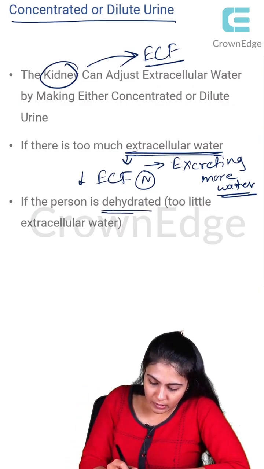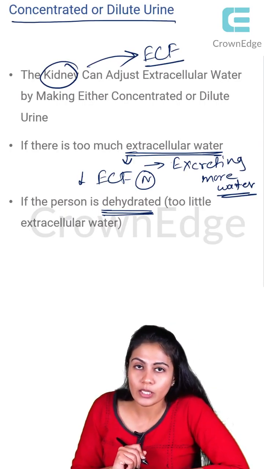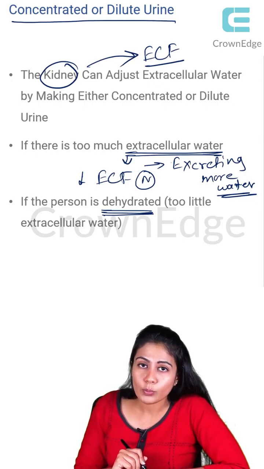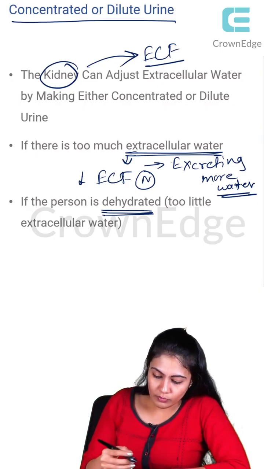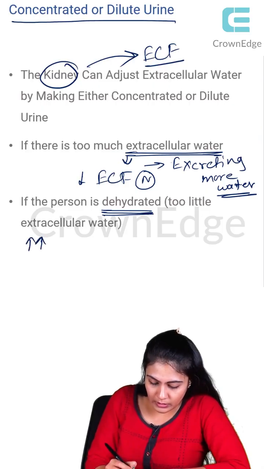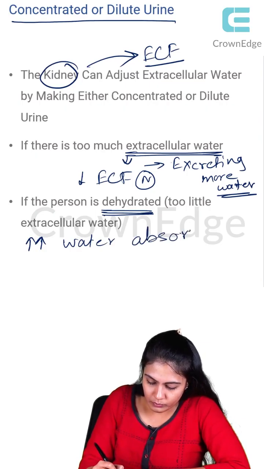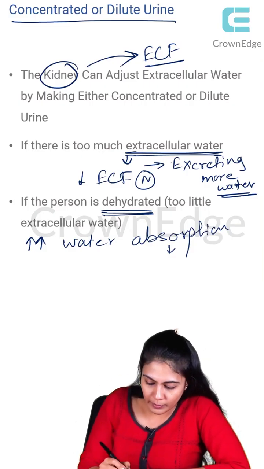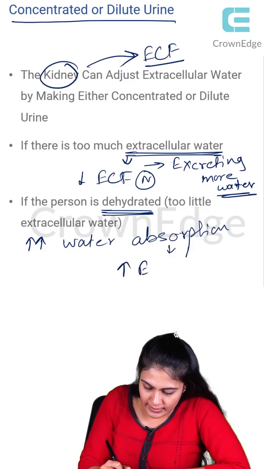What if we have too little water in the body, or the person is dehydrated? What will happen? Water absorption will increase, right? And because of that, more and more water will be reabsorbed into the ECF, so the ECF volume will increase.